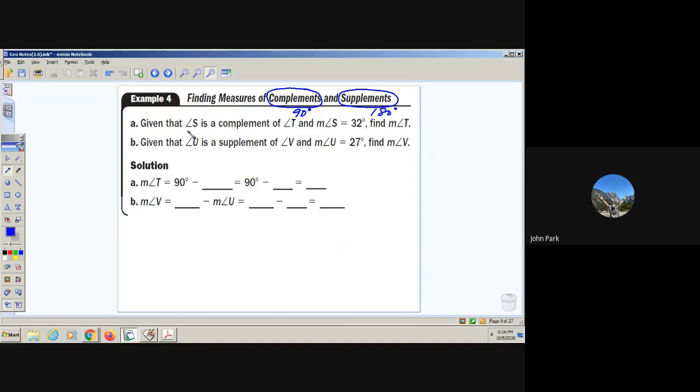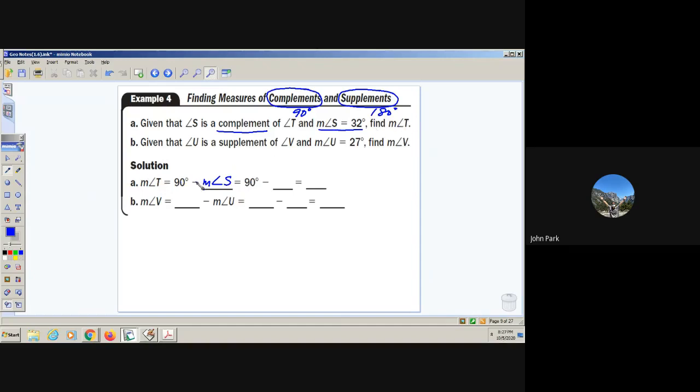Here, we're given that the two angles are complements, which means these two add up to 90, right? So if the measurement of angle S is 32, the measurement of angle T is going to be 90 minus the measurement of angle S, because they're complements.